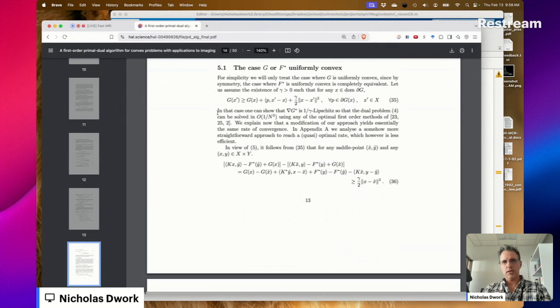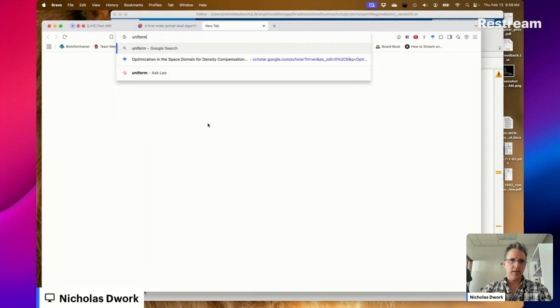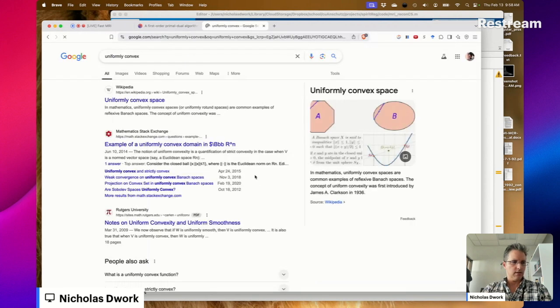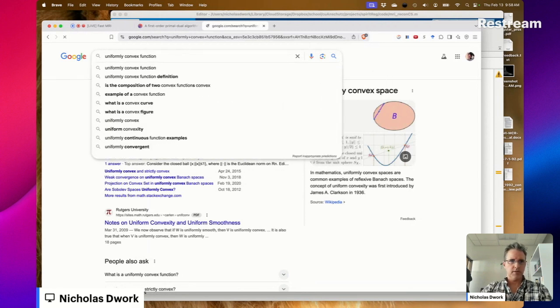In that case, one can show that the gradient of the conjugate is 1 over gamma Lipschitz. So the dual, what does it mean to be uniformly convex?